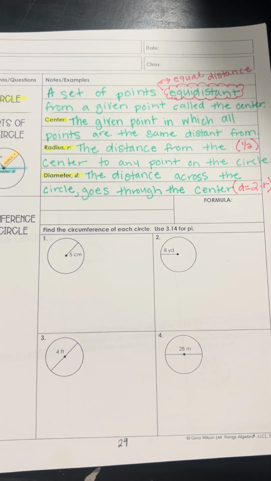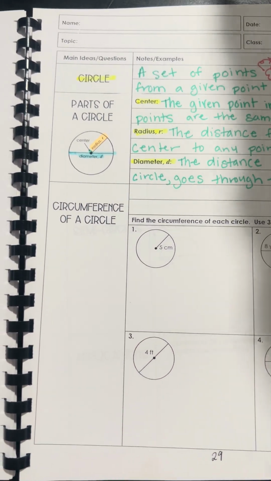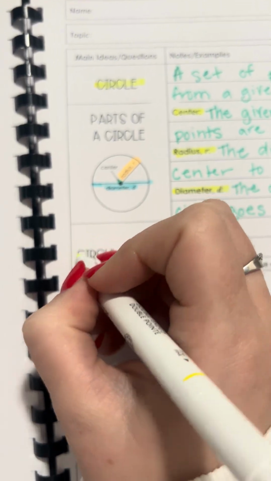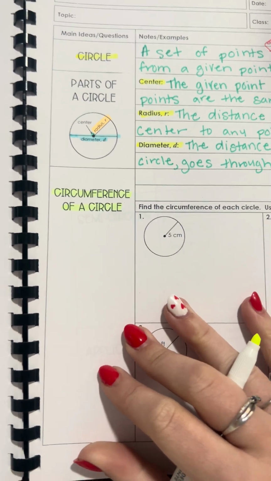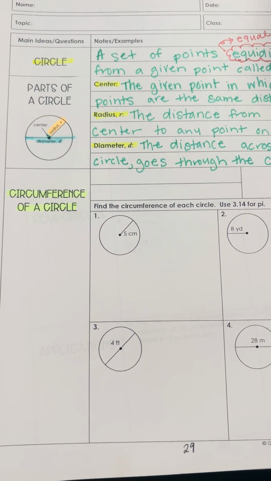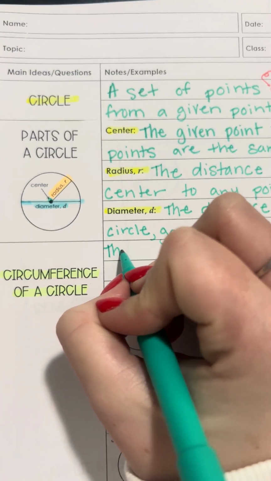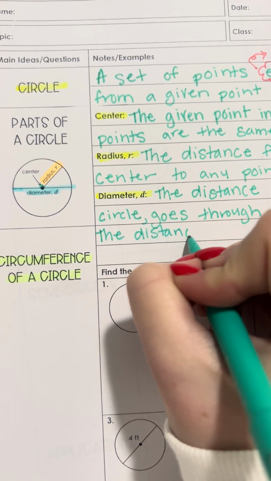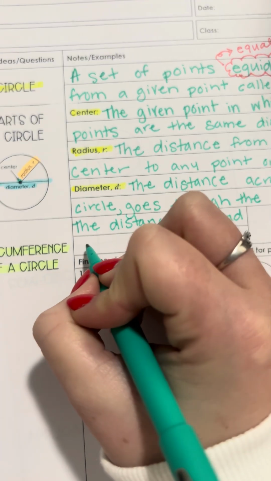Okay, we're going to move on to circumference of a circle. All right, the circumference of the circle is the distance around, okay? The distance around a circle.